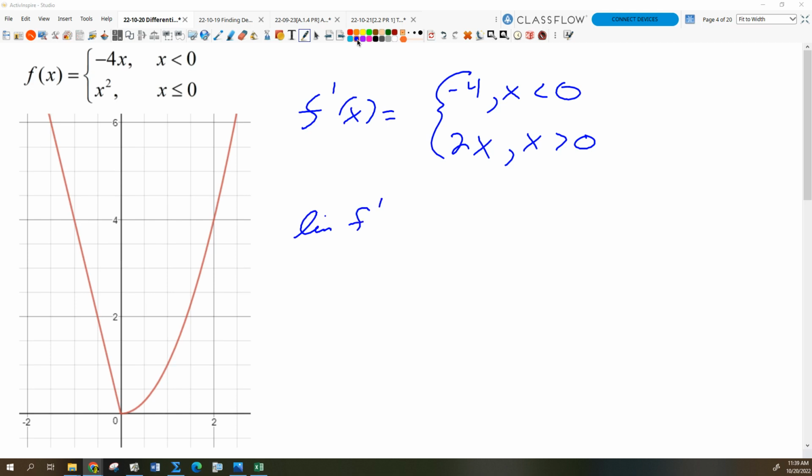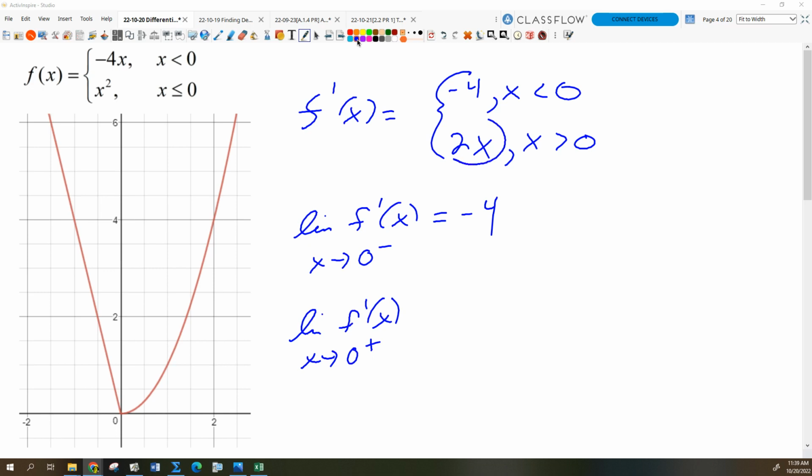The limit of f prime of x as x approaches 0 from the left is -4, right? The limit of f prime of x as x approaches 0 from the right would be what? If I take the limit of 2x as x approaches 0, what do I get? 0. Well, those are not in agreement, right?